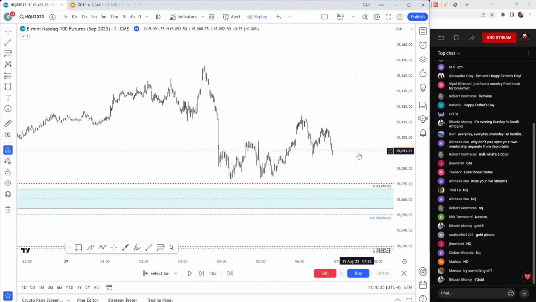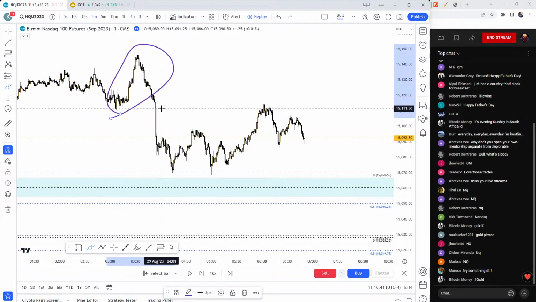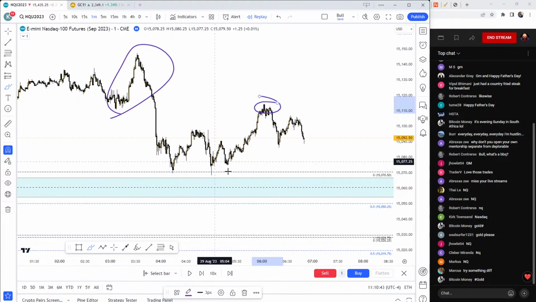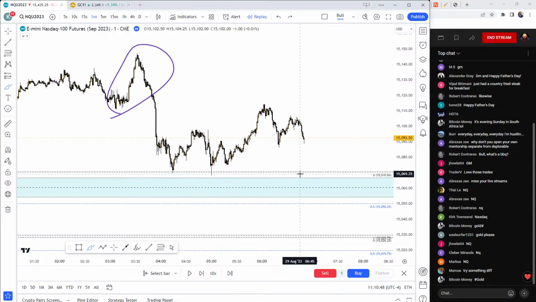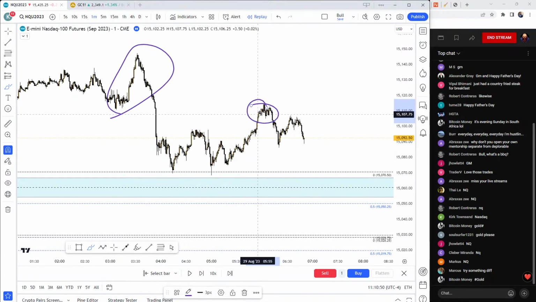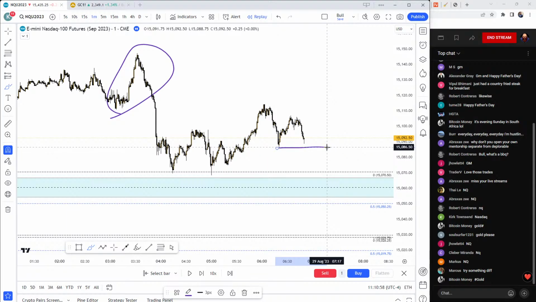All right, so what have we got here? We've got this area here, which looks like we've tapped into, which was the whole point of this sweep down here. It looks like we flipped order flow. We're now beginning the process of pulling back into this consolidation. We want to see if this low gets held.